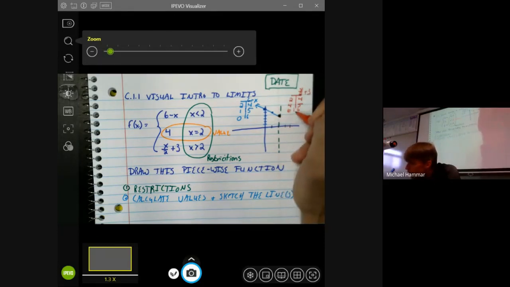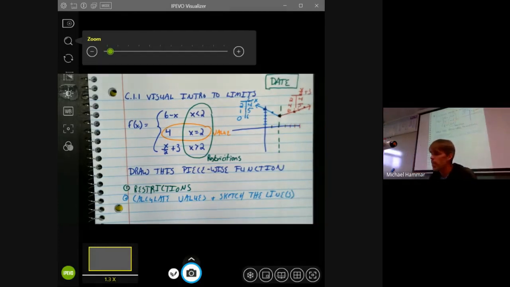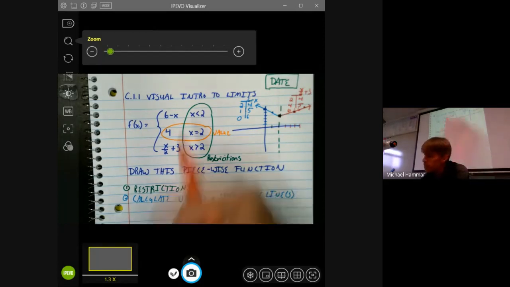And at 4, I have to go up to 5. And then I'm going to go 5, 6. And at 6, I have to go up to 6. So here is my piecewise function or a graph of this piecewise function.